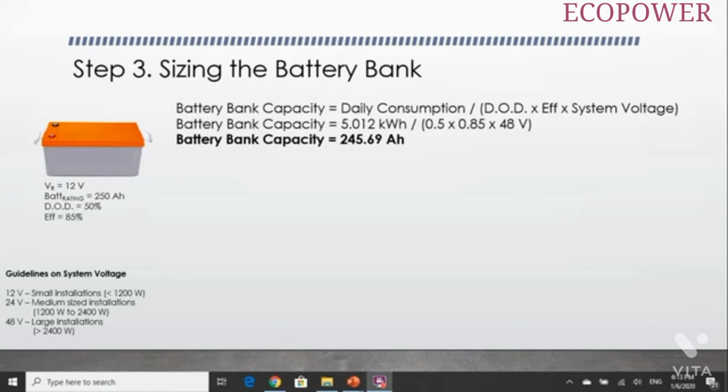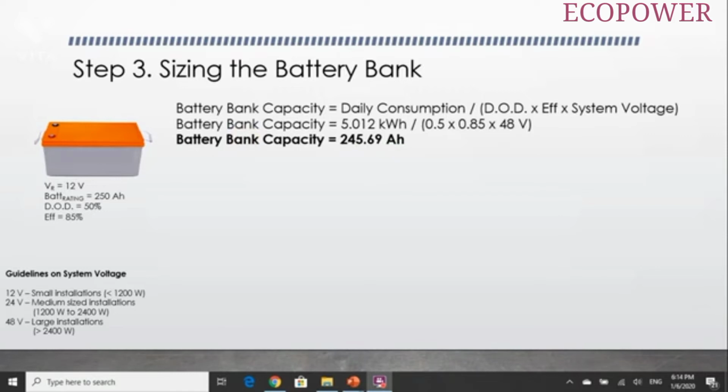So that will be 5 kilowatt hours, divided by 0.5 times 0.85 times 48 volts. The required battery bank capacity would be around 245.69 ampere hours.